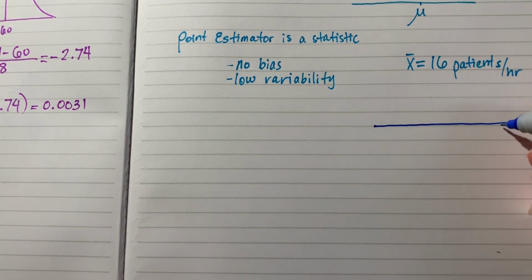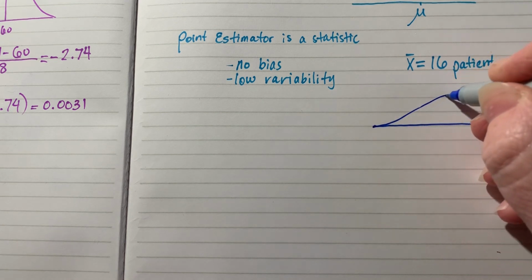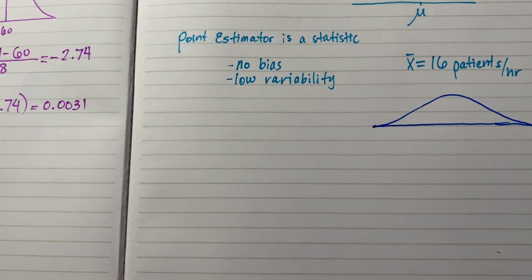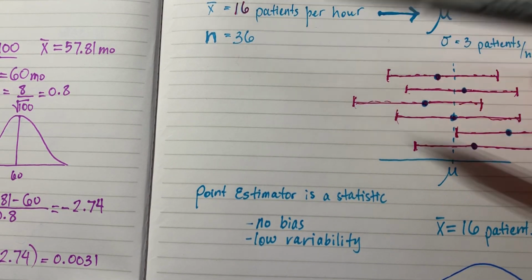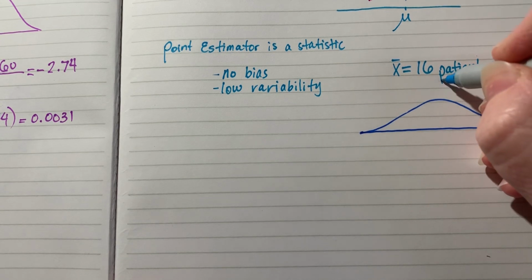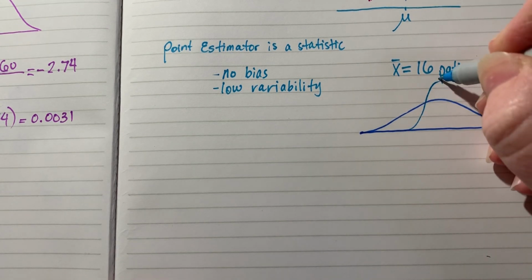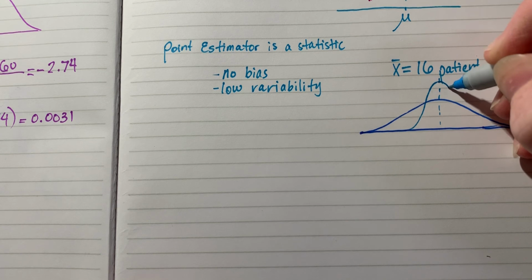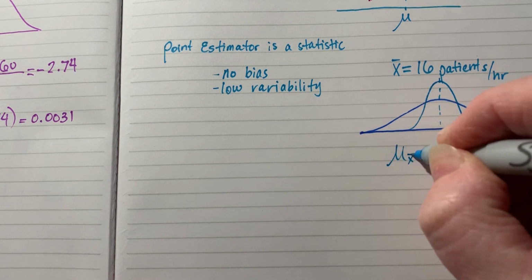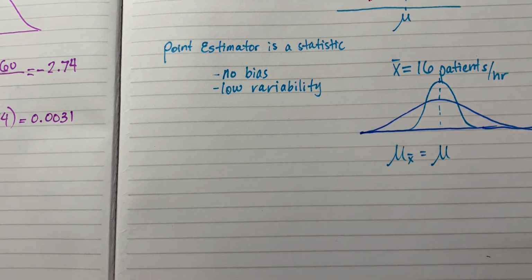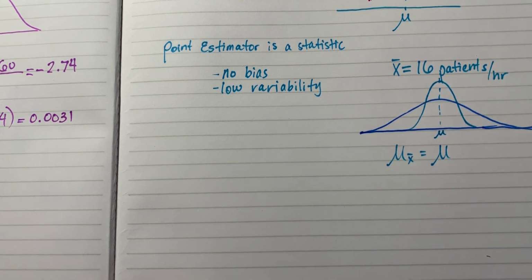If this is my population distribution, my sampling distribution, and remember this was for us a sample of 36 hours, okay? It's going to focus more about the mean, and those sampling distributions are going to be more dense. And remember that the mean of all these X bars is actually going to be the mean of the population. It's going to be centered about the parameter.